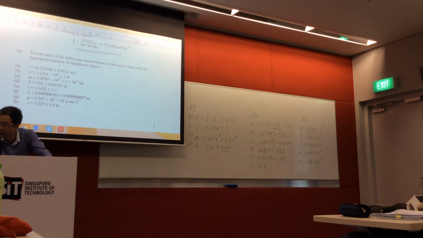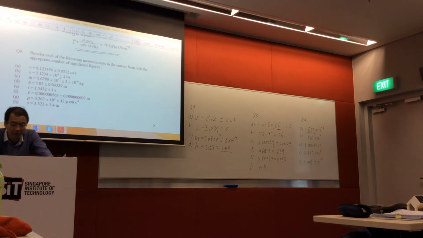If you follow the rules strictly, the uncertainty here is correct, plus minus 1, which only has one significant figure. Then how about the best estimate for this case? If you strictly follow the rule, what number should you report? 2. Yes, 2 plus minus 1.